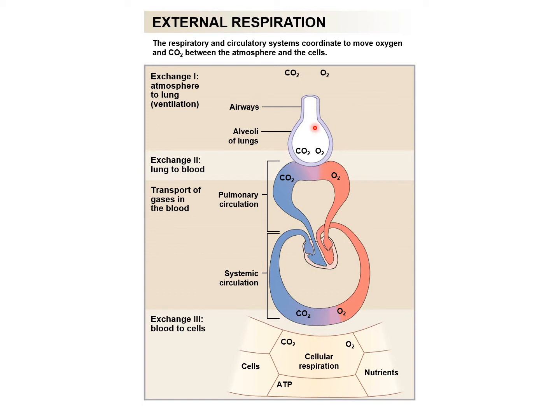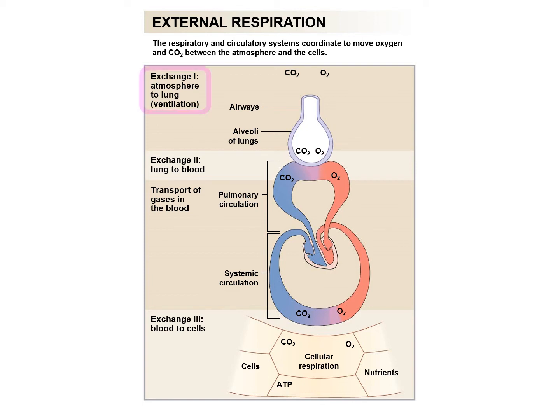That's exchange one. The second level of exchange is here in the alveolus with the blood plasma and the red blood cells. Remember how I say it in that order: blood plasma first, and then the red blood cells second. The blood plasma always comes in between the cells and the exchange between the alveolus and the blood.